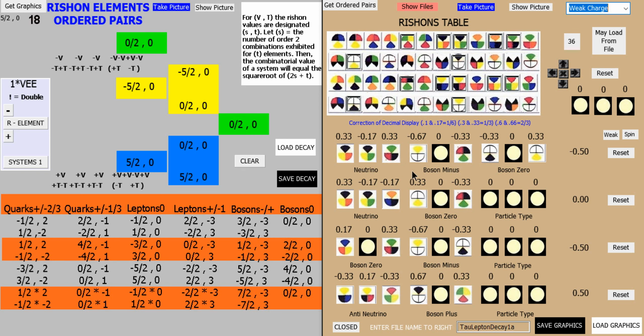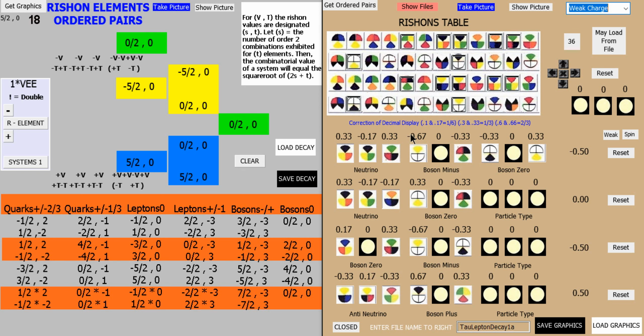But the entire composition of the tau lepton, having a spin of minus 1/2, must have, according to the standard model, a weak charge of minus 1/2. And if we look at the weak charge contribution of these components of the boson minus, we'll see that we have minus 1/3 and minus 2/3, which gives us minus 1.